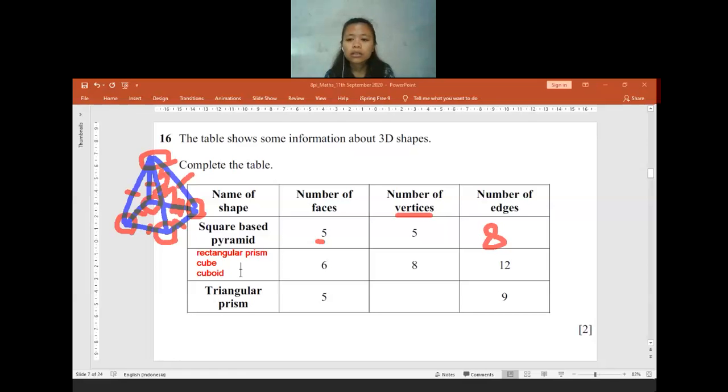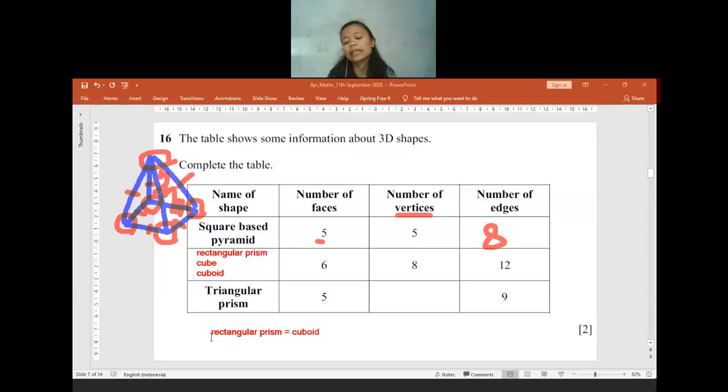Let us continue to the rectangular prism and cuboid. They are the same, it is just a different way they tell us. So rectangular prism and cuboid, they are the same. But cube and cuboid, they are different.